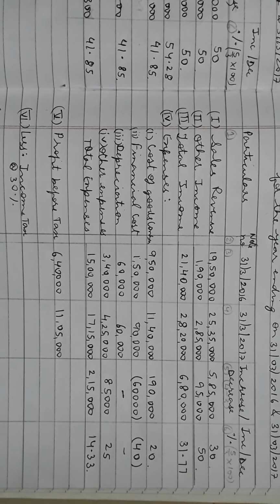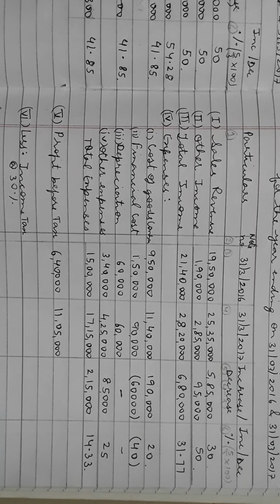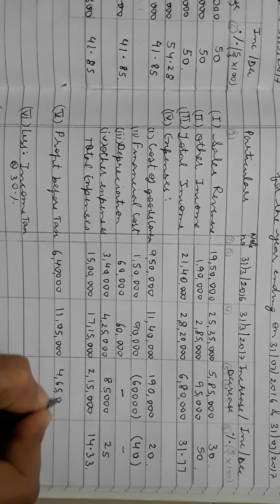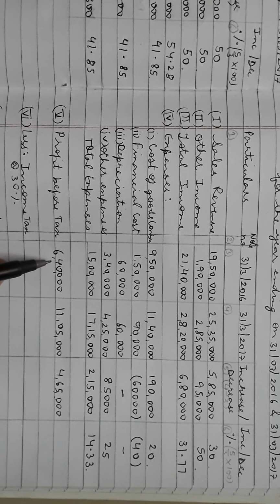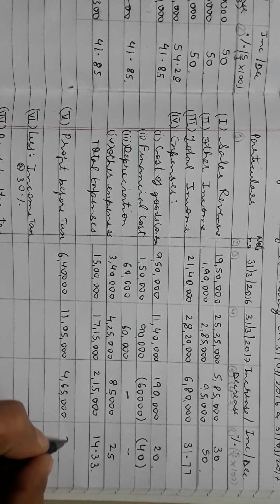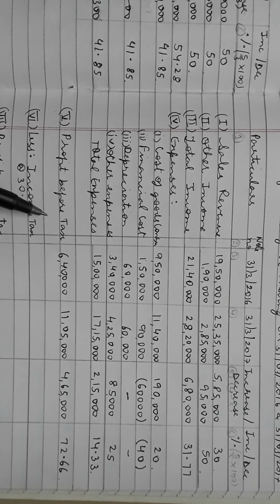Again increase decrease, 11,05,000 minus 6,40,000, so that comes 4,65,000. Percentage, 4,65,000 divided by 6,40,000 into 100, that is 72.66.